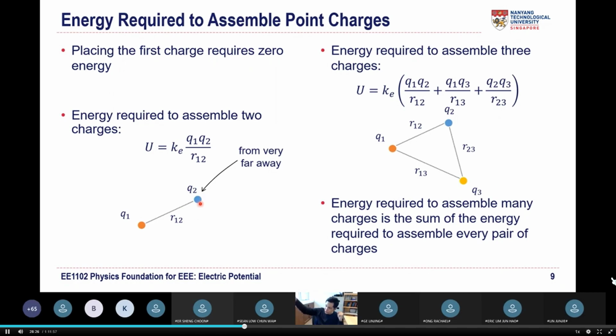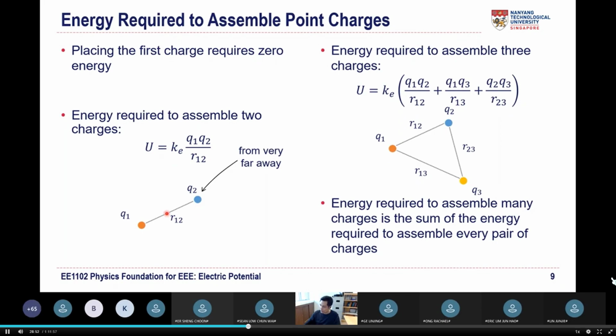But as you move this charge closer and closer to Q1, the force acting on Q2 due to the presence of Q1 is going to increase and increase, right? Because you understand Coulomb's force. So in order to move this, you either will require energy or you are actually gaining energy.